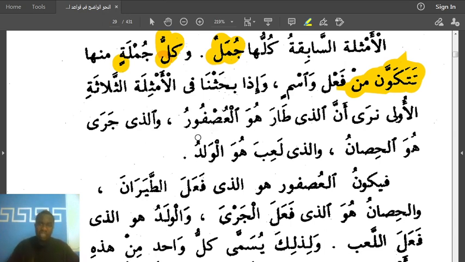See that the one who did the flying is the bird. وَالَّذِي جَرَى هُوَ الْحِصَانُ, and the one that ran is the horse. وَالَّذِي لَعِبَ هُوَ الْوَلَدُ, and the one that played is the boy. When we look at the first three sentences, that's what it tells us.